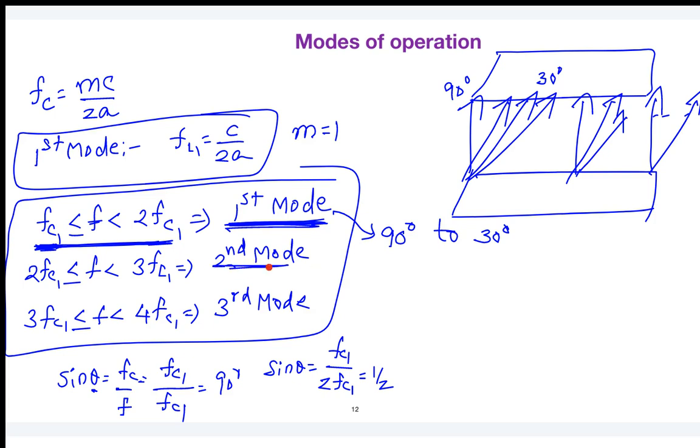In the second mode, if you want to define the wave angle, you have to define sine theta equals 2fc1 by f, because the cutoff frequency is 2fc1. And when the frequency is 2fc1, what is the wave angle? Tell me quickly. When the frequency is also 2fc1, what is the wave angle? The cutoff frequency is also 2fc1 for the second case, that's what I told you.